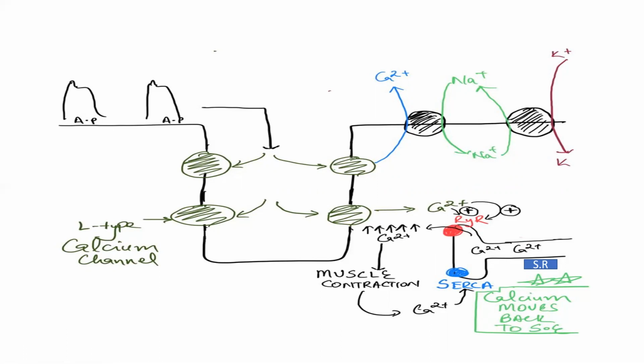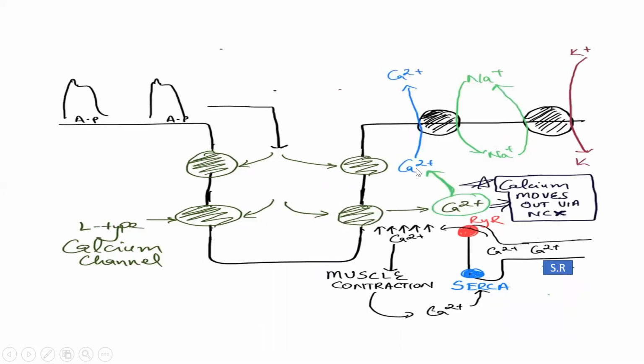Once the contraction is done, all the calcium released by the sarcoplasmic reticulum goes back in via the blue receptor, SERCA. Done. But what happened to the calcium which initiated this event? It is moved out of the cell via the sodium calcium exchanger.